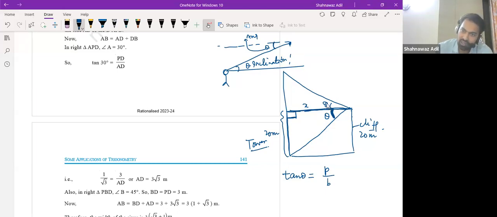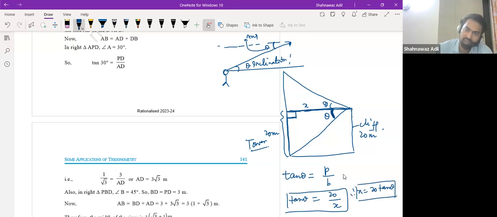So this tan theta would be how much? This is 20 by x, right? So this x would be 20 tan theta. So this is 20 tan theta.